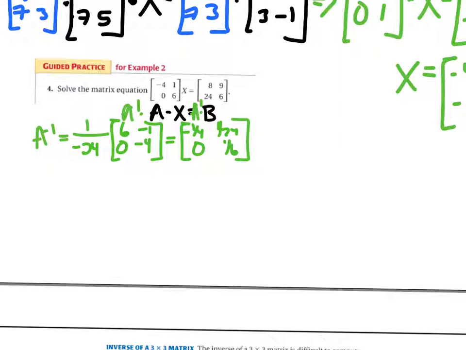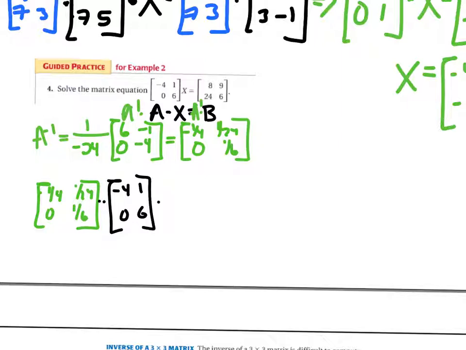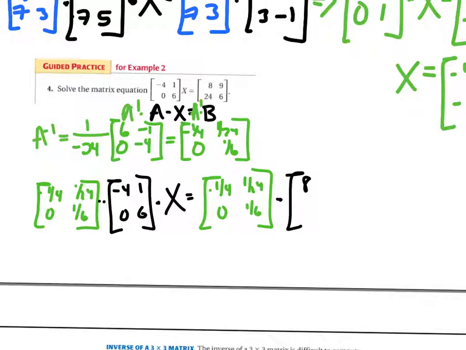So take that inverse matrix, I'll leave it in green, -1/4, 1/24, 0, and 1/6, times the matrix that you had in the original problem, 4, 0, 1, 6, times large X will equal the inverse matrix again, -1/4, 0, 1/24, and 1/6, times matrix B, 8, 9, 24, and 6.